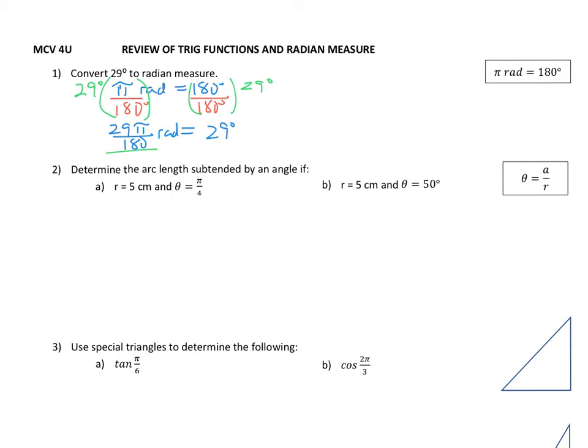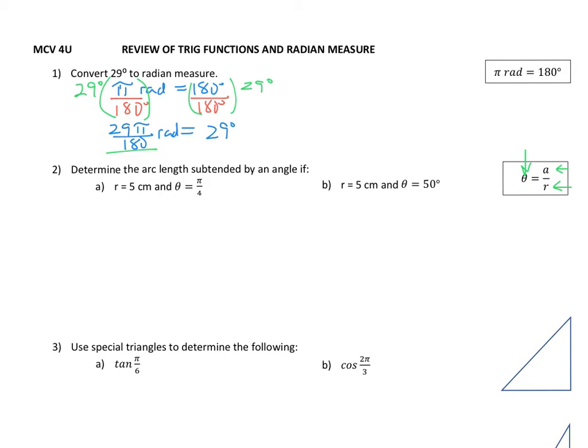Determine the arc length subtended by an angle if the radius of your circle is 5 centimeters and your angle is pi over 4. We defined a radian measure, an angle theta in radian measure, as the ratio of the arc length divided by the radius.